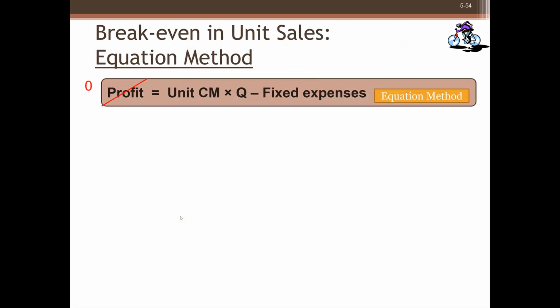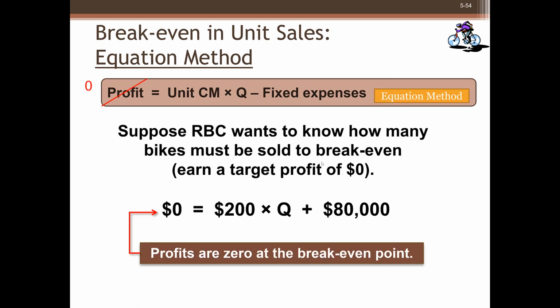Let's take a look at it here. For the equation method, for the RBC company, suppose RBC wants to know how many bikes should be sold to break even, and we set profit as 0, unit contribution margin $200, fixed expenses 80,000, and we should solve Q. Q is 400 bikes.